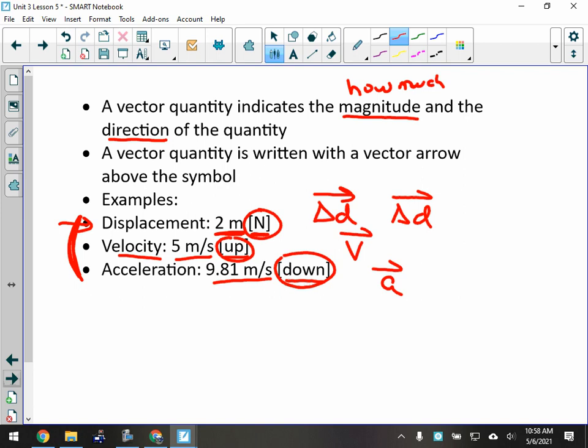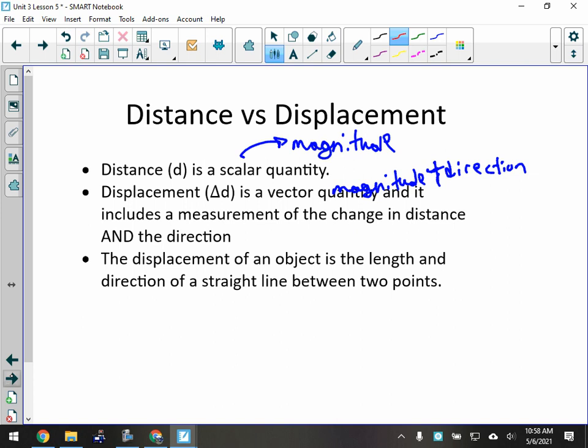Now, what is the difference between distance and displacement? The answer is, to be honest, not a lot, at least as far as what it looks like, but there is a difference. Distance is a scalar quantity, so we talk about the distance being 40 meters.